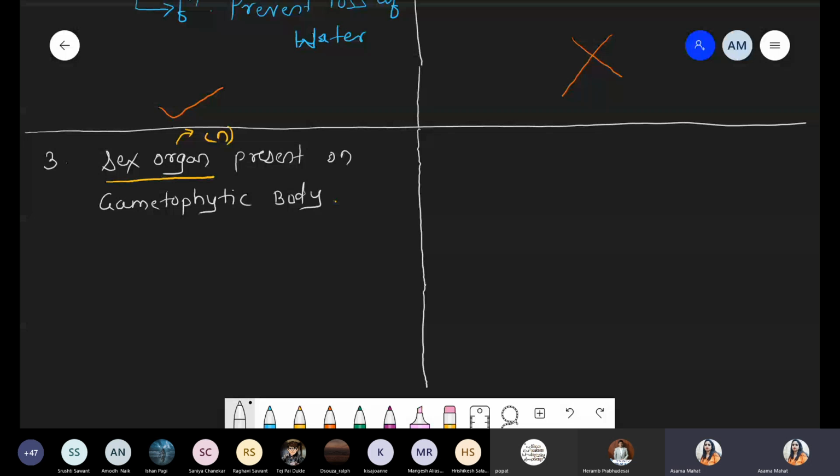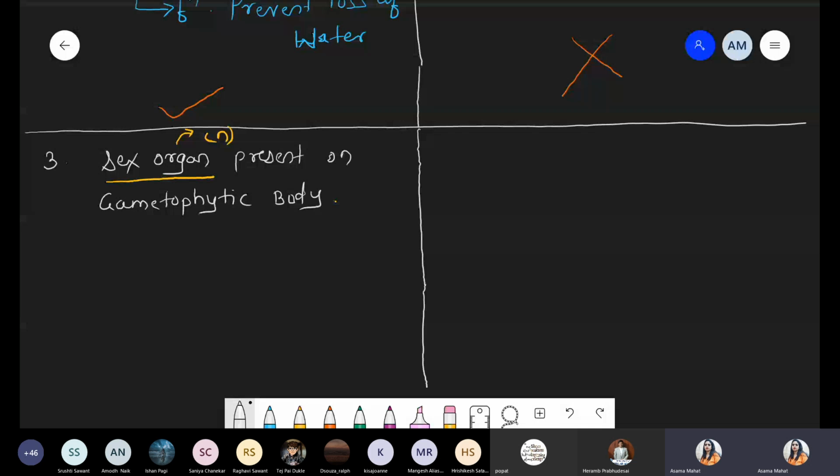The sex organ is present on the body, and that body is the gametophytic body. Now one by one we are taking some exception cases. We already discussed this point with respect to Marchantia, but first of all we are talking about those features common to both liverworts and mosses.